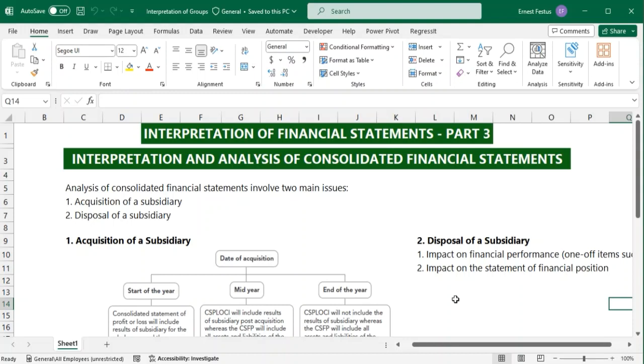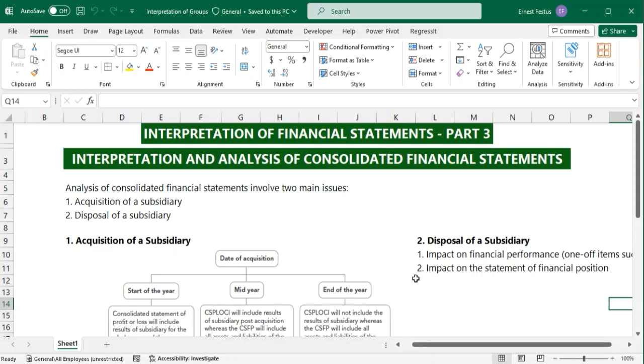And when a question involves the consolidated financial statement, you are likely to make some adjustments to the figures. You have to make some adjustments to the figures, whether through making adjustments to the consolidated figures, that is eliminating some intra-group transactions, unrealized profits, and other one-off items like that.